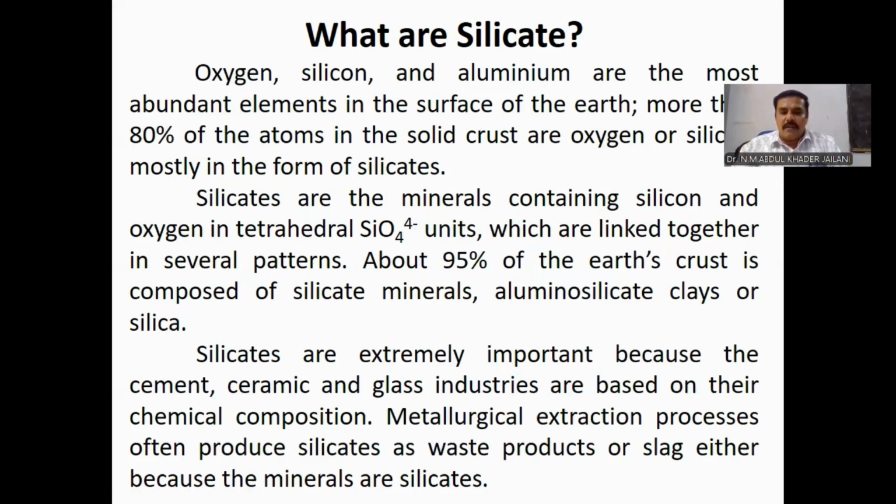Based on the linkage between the silicate units, they are classified into several types. About 95% of the earth crust is composed of silicate minerals, aluminosilicates, clays, or silica.